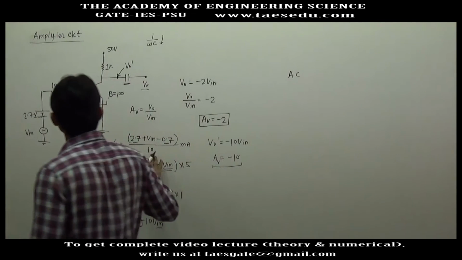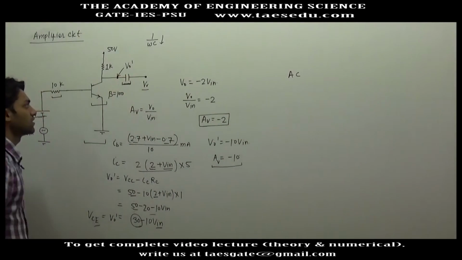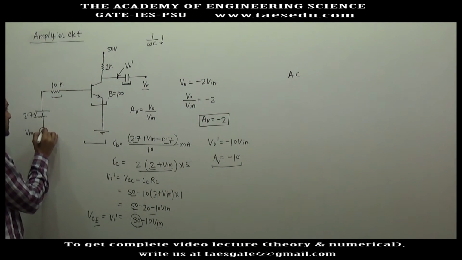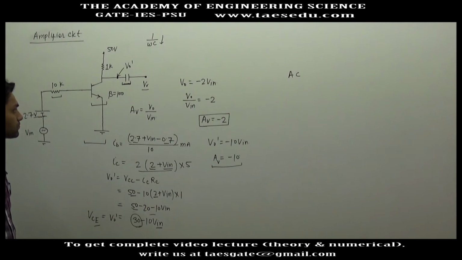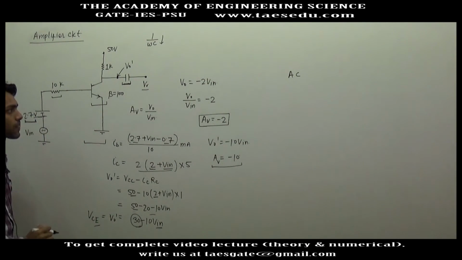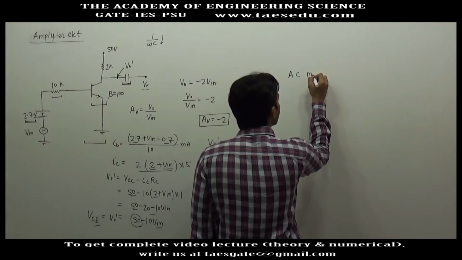We already know that whatever DC is coming has to be filtered out by this capacitor, so why not do only AC analysis of this transistor? But there will be some effect of the DC bias voltage.